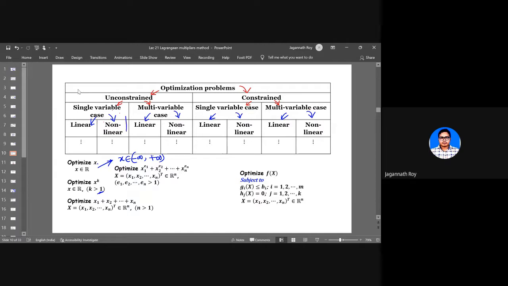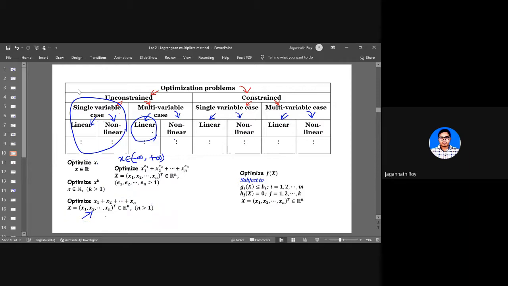So this class of problem is very trivial. Unconstrained linear and non-linear are not so interesting. For a particular x value, the optimum will be only this particular one. So this is not that interesting, and the difficulty is also not there. All three cases.